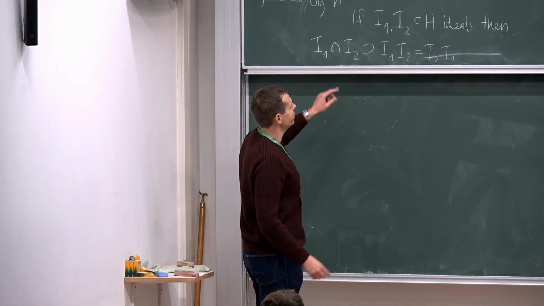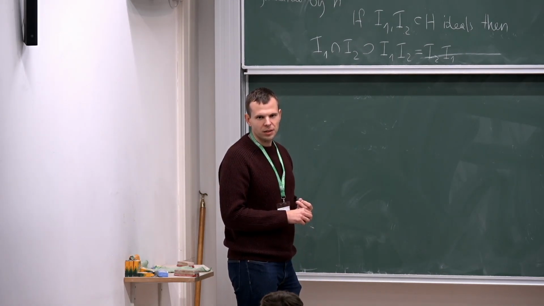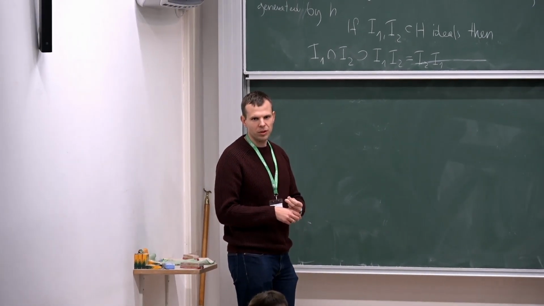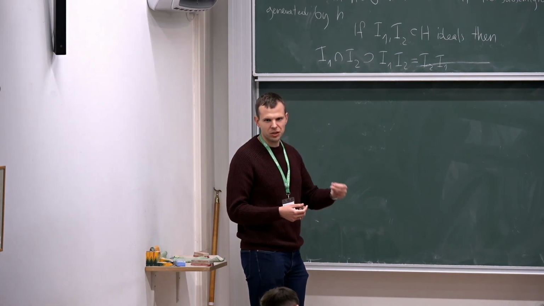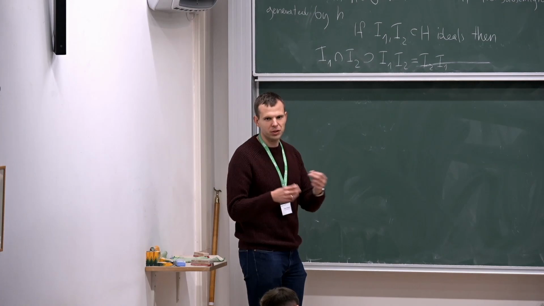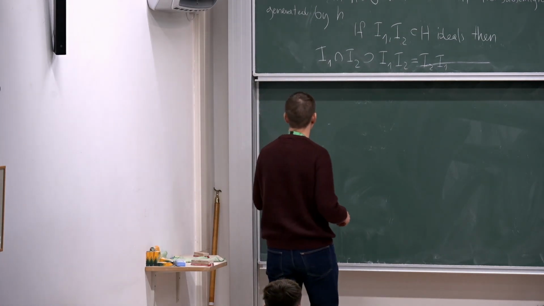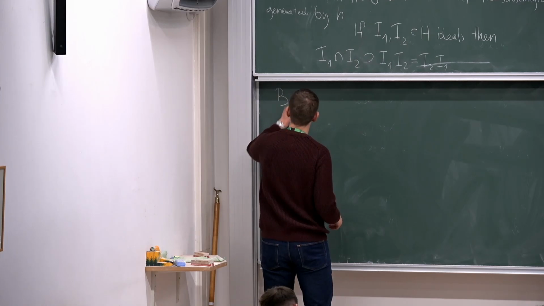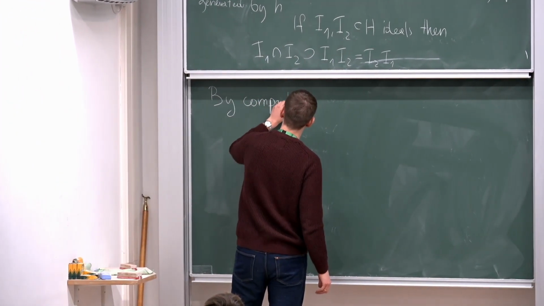So what follows is that if you have a finite family of ideals, then the intersection is non-empty. And then by compactness, the intersection of all of them is non-empty, right? Because there's a family of compact subsets with the finite intersection property. So this is the place where we use compactness.